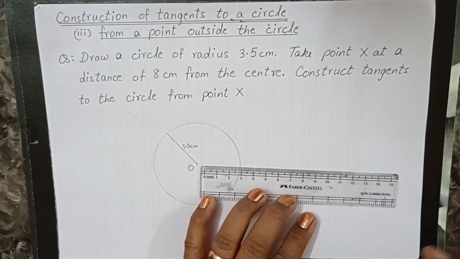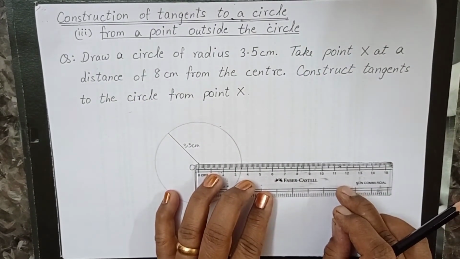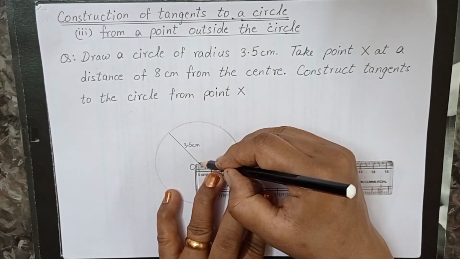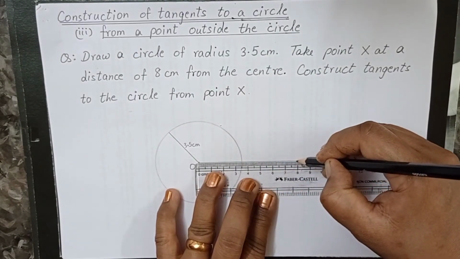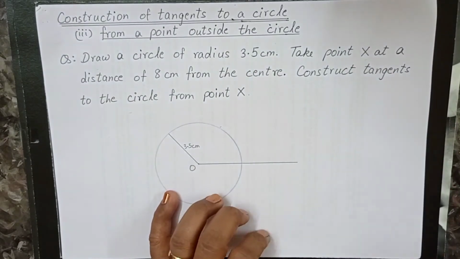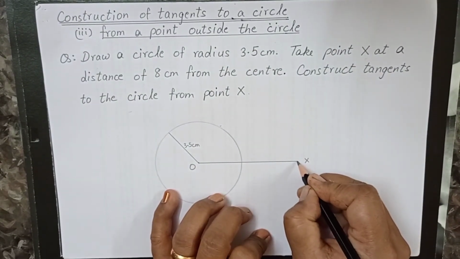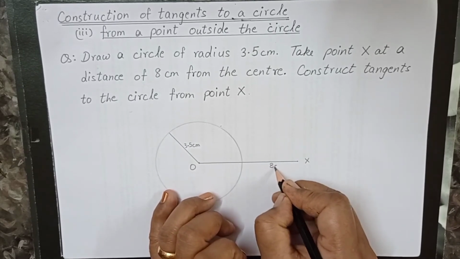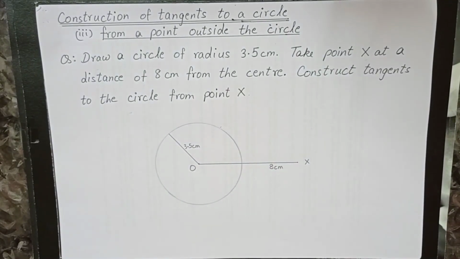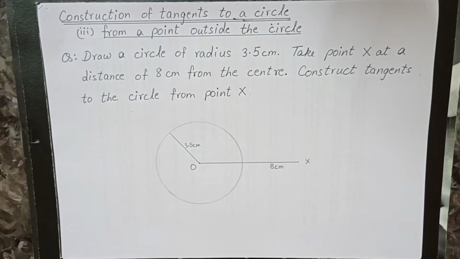We have to draw tangents from a point X at a distance of 8 centimeter from the center. So let us draw a segment which is 8 centimeter from the center. So from this point till 8, this is your point X. Now I will construct the tangents first and then I will explain the concept behind it. After you draw the segment, you have to find the midpoint of this segment. How to find the midpoint? By drawing the perpendicular bisector of segment OX.